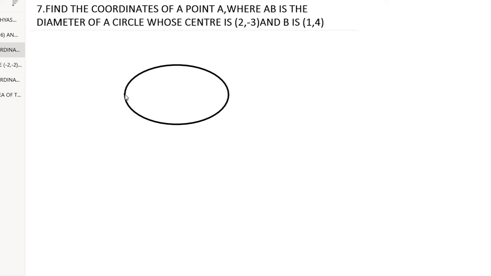They have given a diameter AB, and they said the center is (2, minus 3) and B is (1, 4). And we have to find the coordinate point of A.